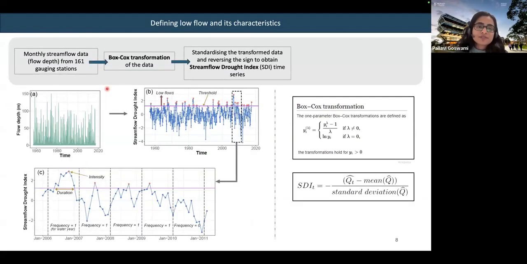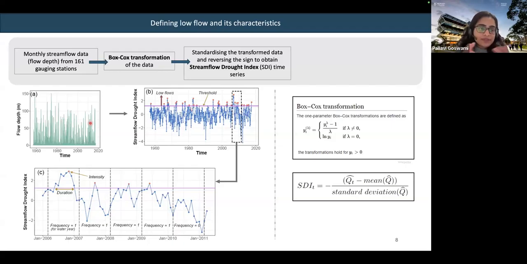The Box-Cox transformation helps improve the representation of low values by giving them a higher weight, which helps us arrive at the next step, which is standardizing the data. If you have flows which are generally on the lower side, the Box-Cox transformation helps to spread them out so that when you standardize, the variability is representative of how a standardized distribution should look.